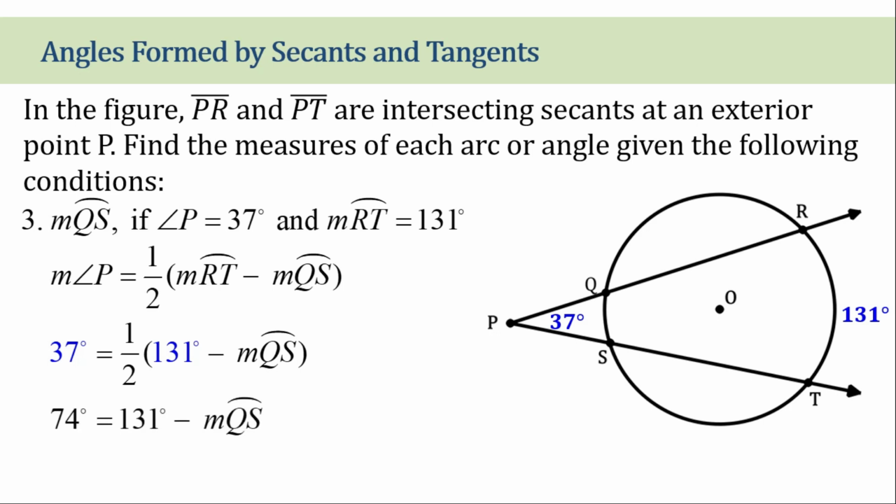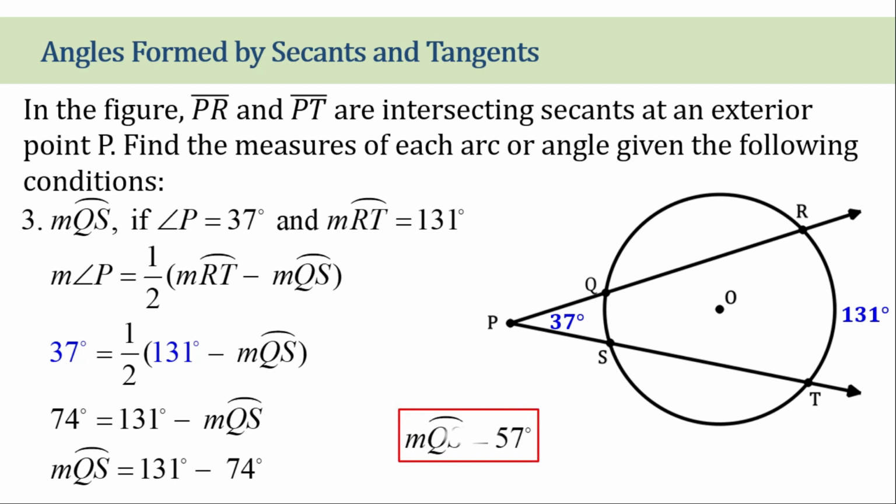Then we'll come up with this equation. In this case, this is somehow tricky. All we need to do here is to transpose this on the other side and 74 on the other side. That gives us the measurement of RQS is equivalent to 131 minus 74. So that gives us 57. That's the measurement of RQS.